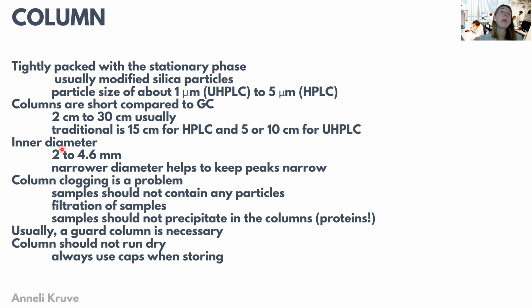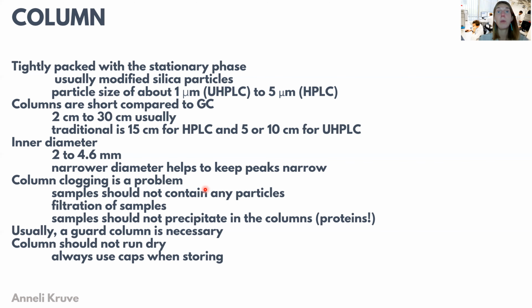And one of the big problems in HPLC is the column clogging. So this means that the columns which are packed with very small particles can become clogged if our samples or our mobile phase contains any particles that can just clog the columns.